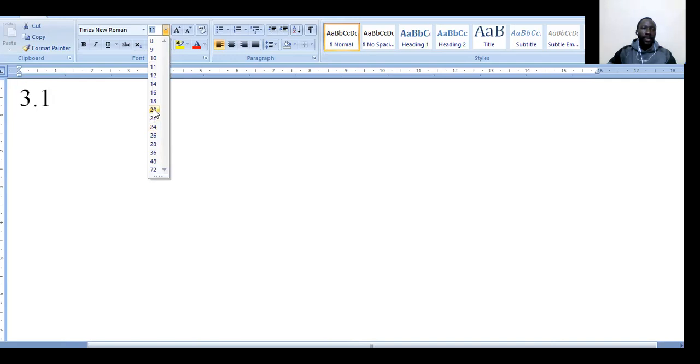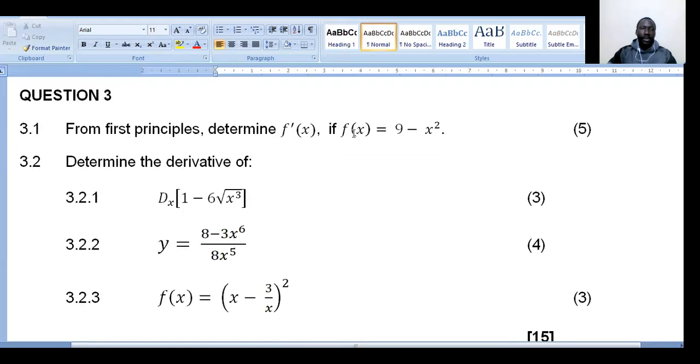Now in this 3.1 that we are dealing with, this is the function. The function f of x is given as 9 minus x squared. And this is the function whose derivative f prime of x is required.